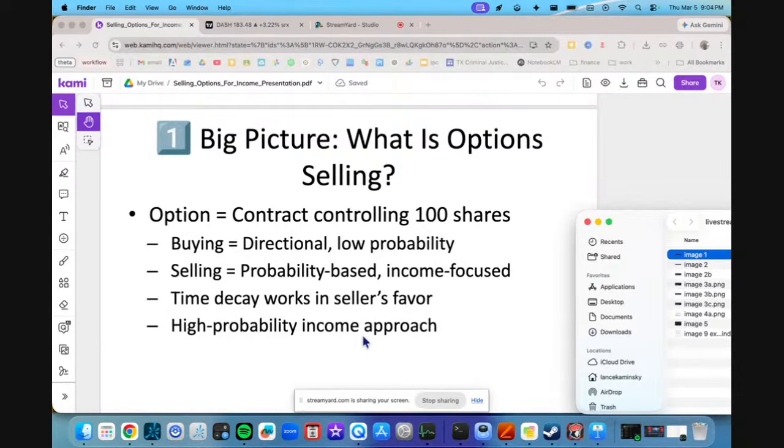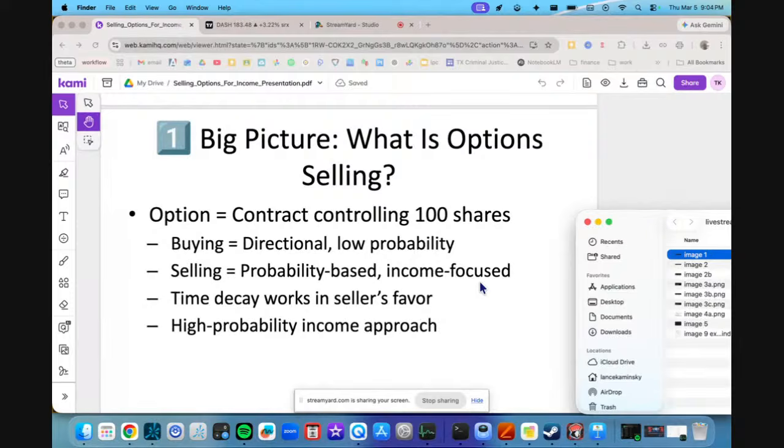When you're selling, you have the obligation to possibly take in the shares at a certain strike price. However, it is probability based and more income focused. When you sell an option, the maximum you can make is the initial premium for just one sold option. There are other ways around it where you could do combinations.